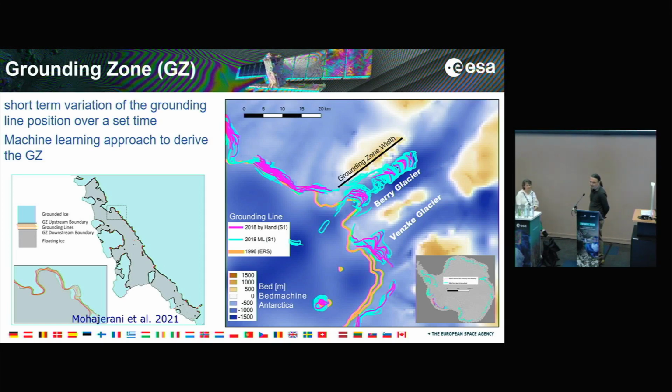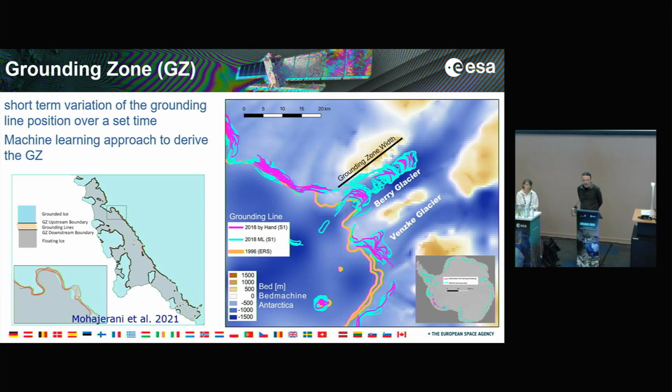We define the grounding zone as the upstream, downstream boundary of the short-term motion of the grounding line. And the period that we decided was a 1-year period, but with denser observation, as I will show in a bit, we can measure that grounding zone also in a shorter period of time.